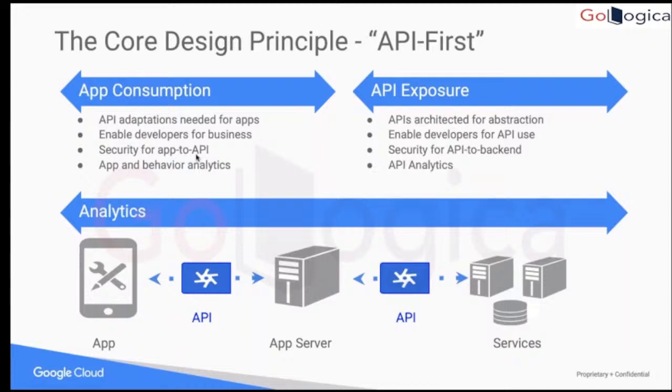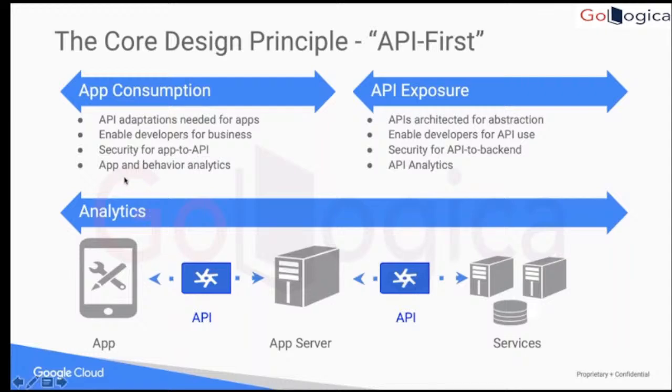So we need to make sure that security provisions are in place, so that the app is authenticated and authorized to make those API calls. For example, an app which is supposed to call the SMS API should not call the payment API, right? So proper authentication and authorization, proper rate limits, and other security measures should be in place.